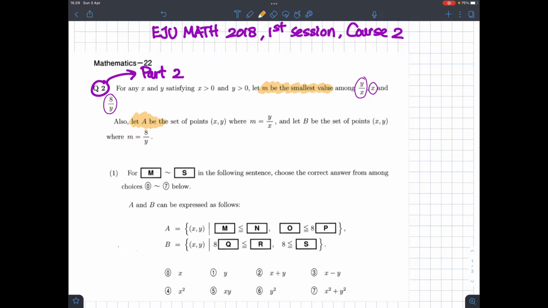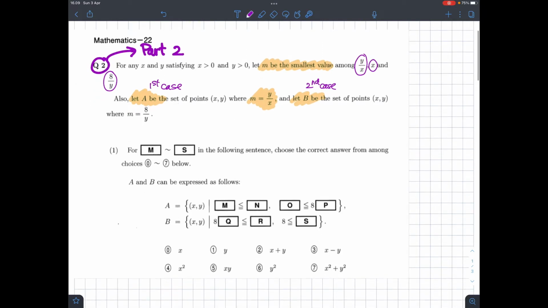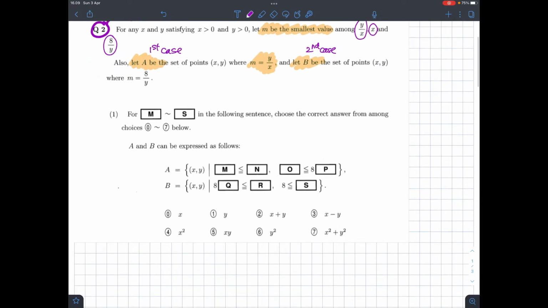which is the value of m. The minimum m, the smallest value of m, comes from y over x. This is the first case, and this is the second case, b. In case b the value of m comes from this one. So let's do case by case.